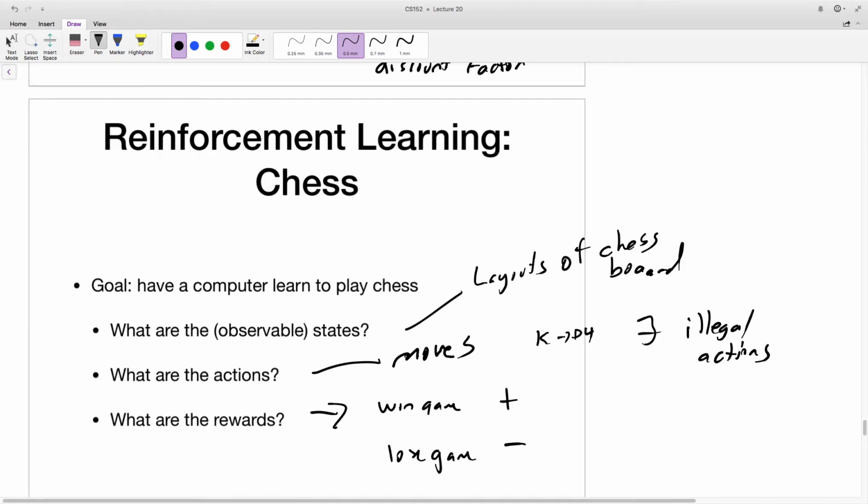So you're saying for all the states, until you get to a checkmate, you don't get anything. 0, 0, 0, 0, 0, 0, and eventually you get, well, let's live it up, 1 if you won, or -1 if you lose. We have to have one more possibility. Yeah, you could draw for 0.